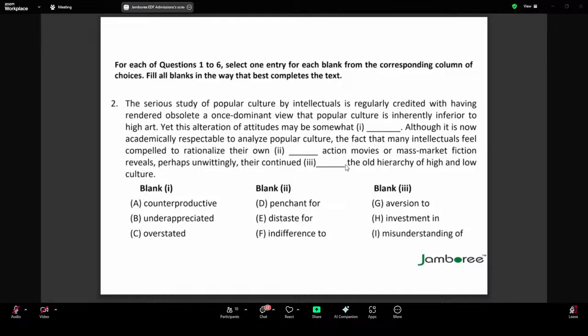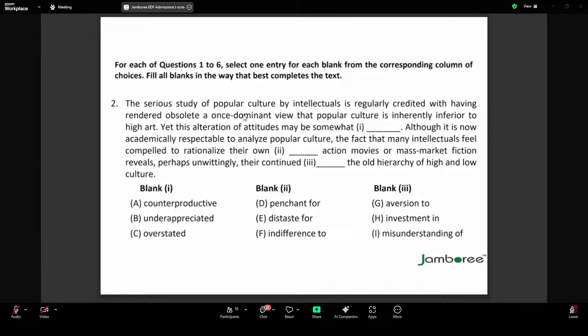All right, the serious study of popular culture by intellectuals is regularly credited as having rendered obsolete the once dominant view that popular culture is inherently inferior to high art.